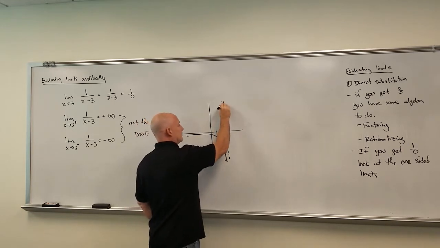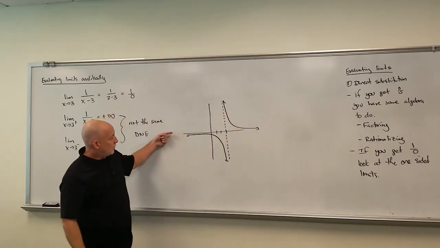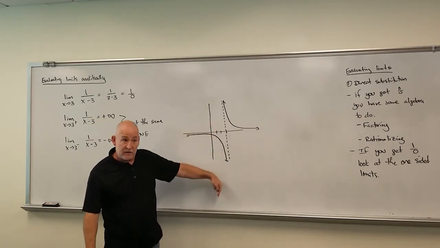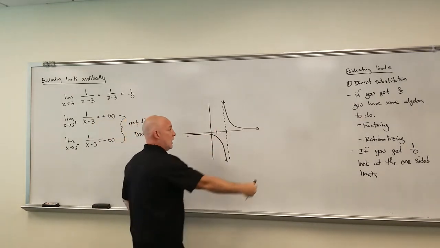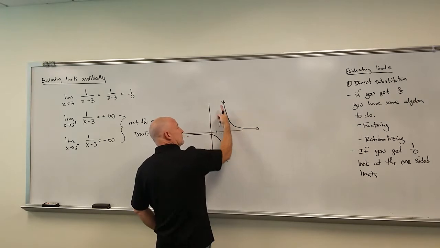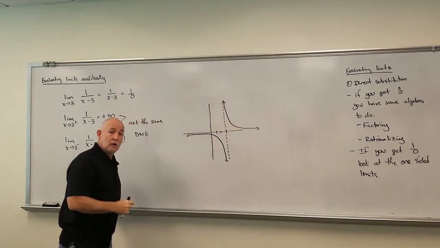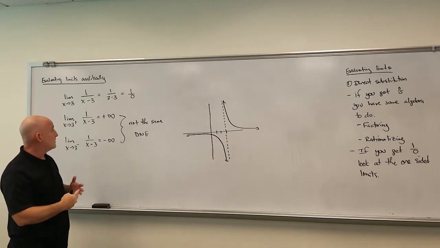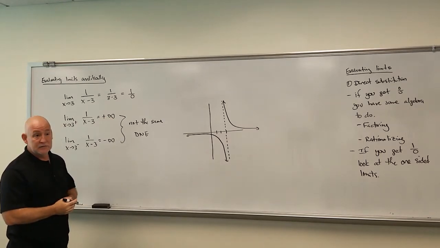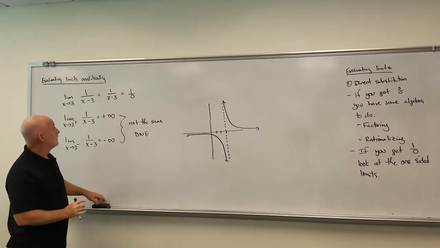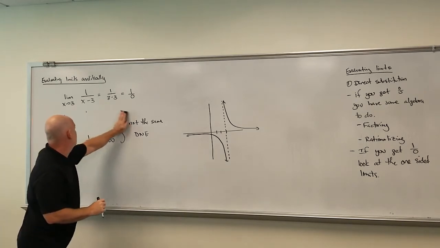And as we approach this side, it heads up like that. So as we approach 3 from one side, it's diving down and heading towards negative infinity. As we approach 3 from the other side, it's jumping up and heading towards positive infinity. Since those two limits are not the same, this limit does not exist. All right, let's take a look at another one like this to see what we're going to end up with.